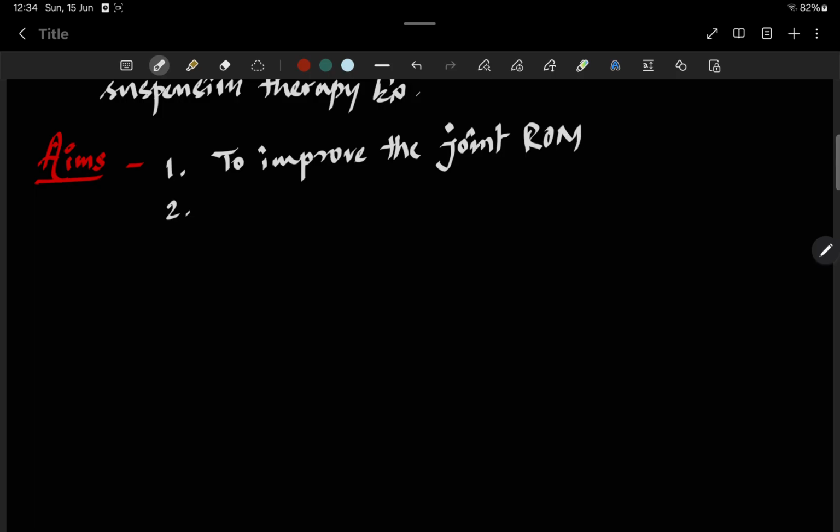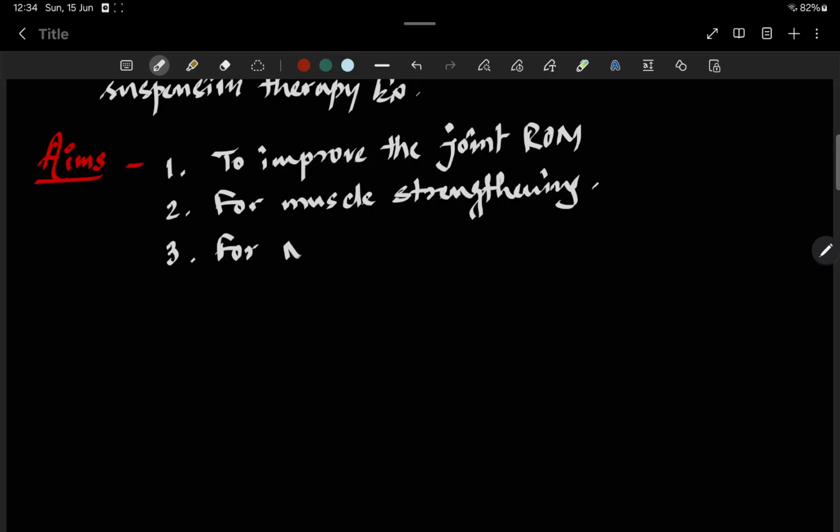Number 2, muscle strengthening. Number 3, neuromuscular coordination. So these are the 3 aims for suspension therapy.